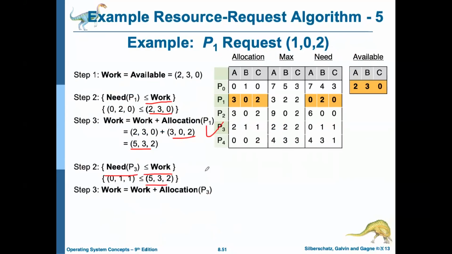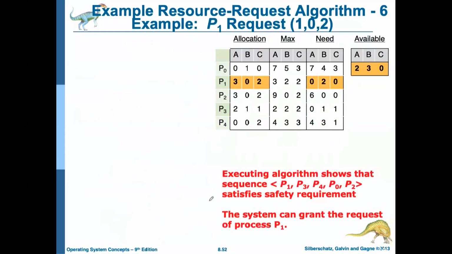Yes, so start allocate and get the new value for the work. Same again: step 2, P4. Check with the work value, is it less than or equal?